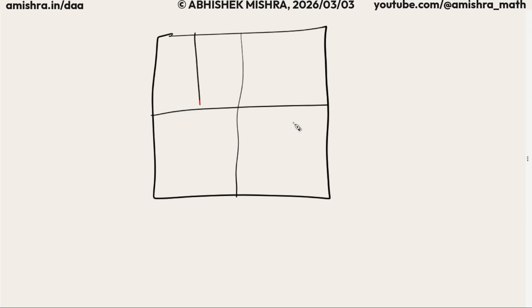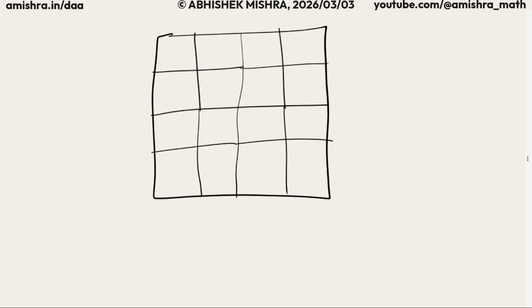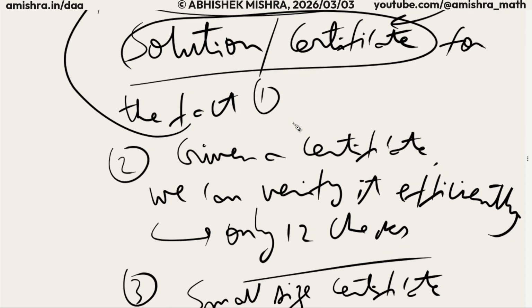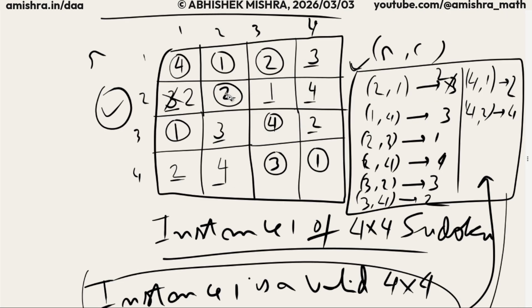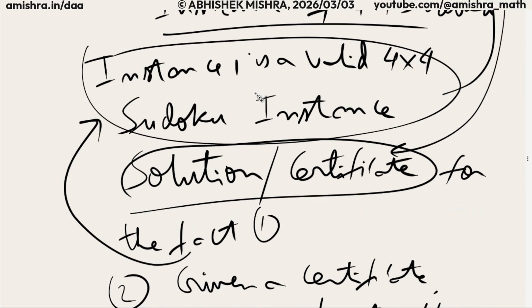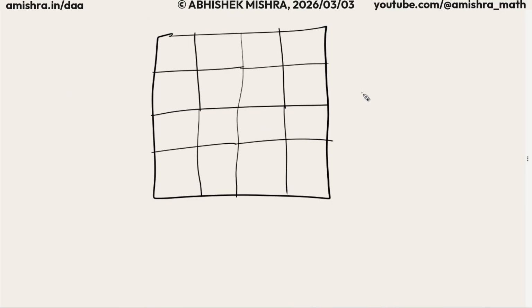So we make a very small change in the original problem and create an invalid instance of 4x4 Sudoku. So now what we do is everything same, just move this 2 here and see can we solve it. So the numbers are 4 1 2 2 1 4 3 1.